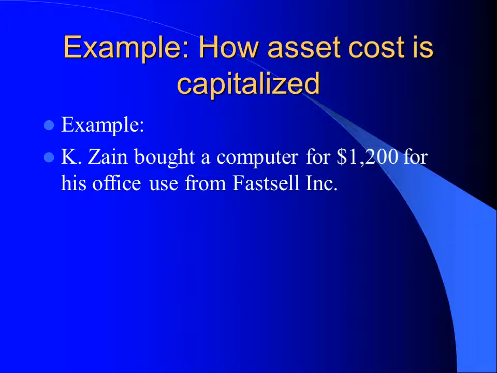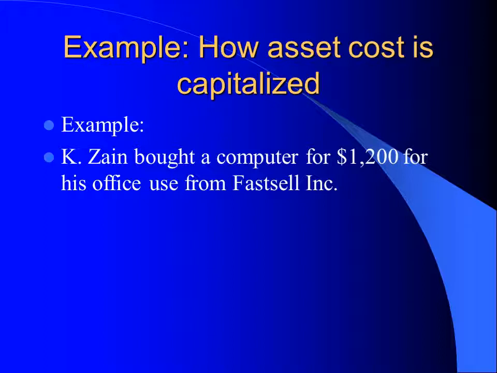So let's take an example that a computer is bought for $1,200 for office use. So this is very important, that the asset is bought for use in the business. It's not bought for resale. So there's a dividing line.